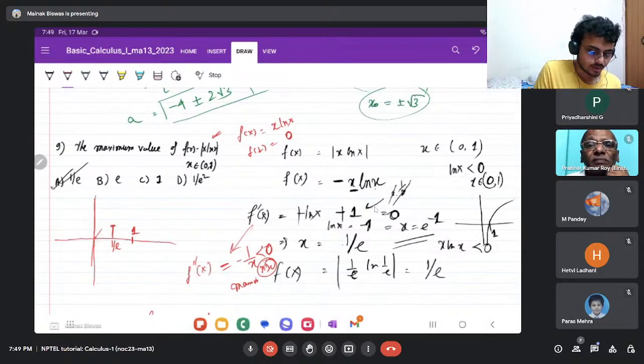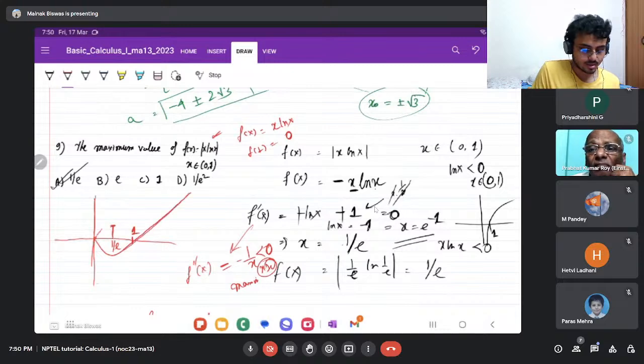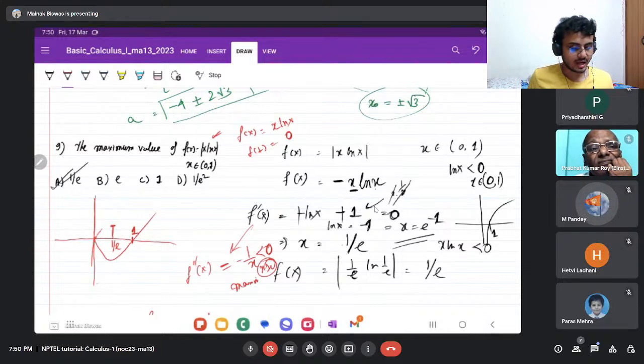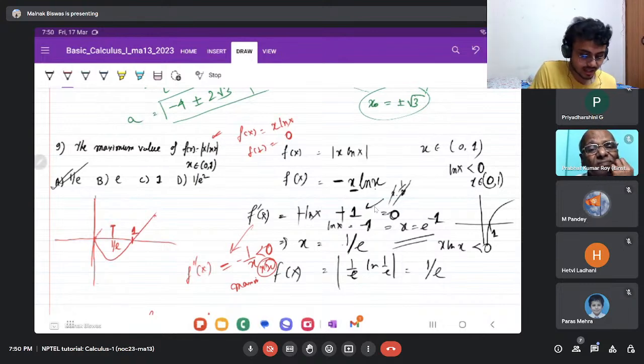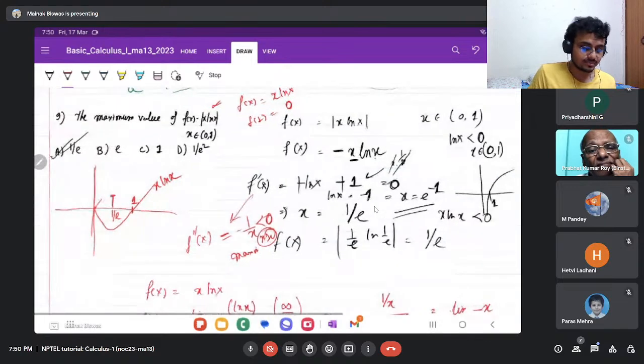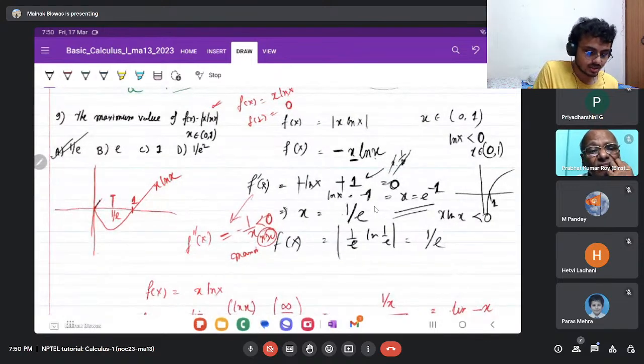So for this minima, you will have something like this. Hopefully, this is what you have for your curve log x. This is x log x. If it is mod of x log x, it is this, right?